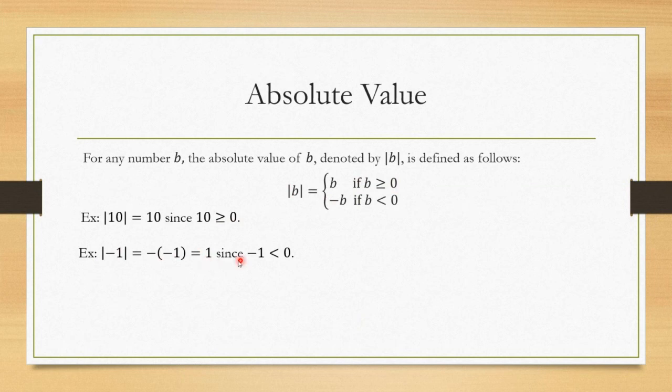Hopefully we can see from these examples that the absolute value of a number is non-negative. It's giving you back the number itself if it's non-negative, but if the number is negative, you're putting a negative in front of it, and if you negate a negative, you get a positive.